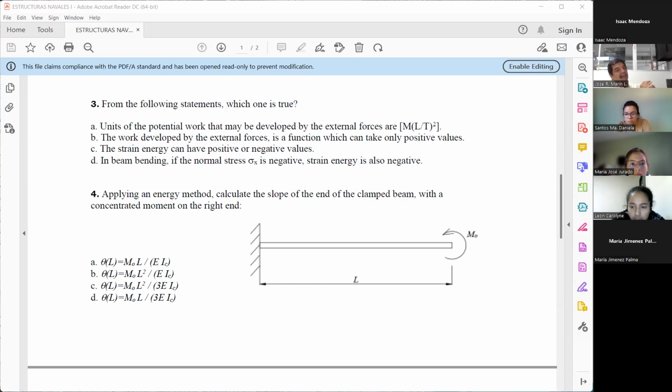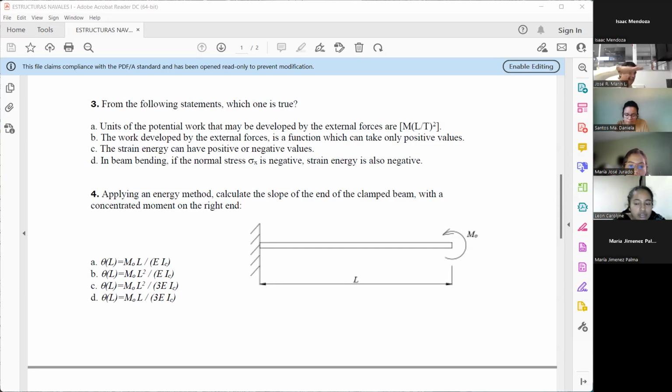Can you rotate the left end? No, the left end cannot rotate. It's clamped, but the other side can rotate. I'm asking about the reaction.